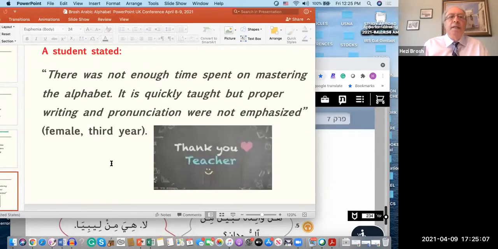Now a student stated, there was not enough time spent on mastering the alphabet. It is quickly taught, but proper writing and pronunciation were not emphasized.